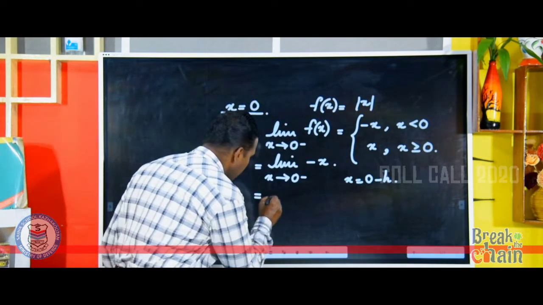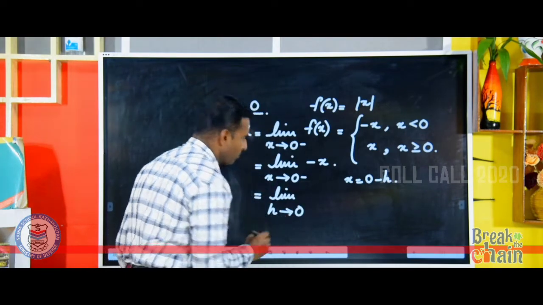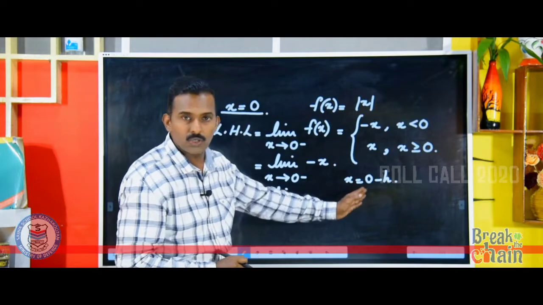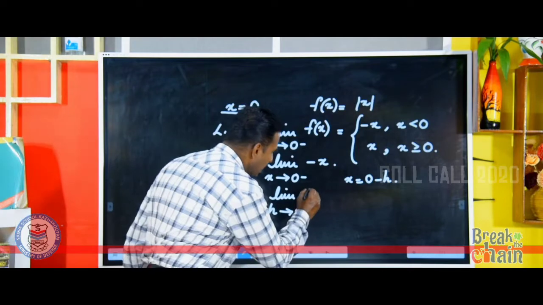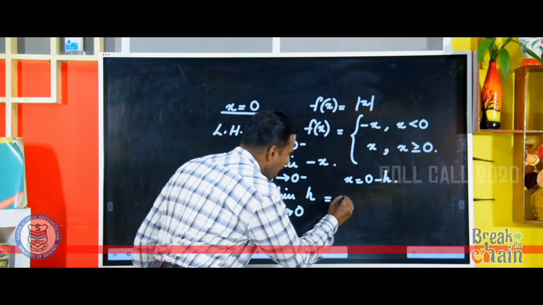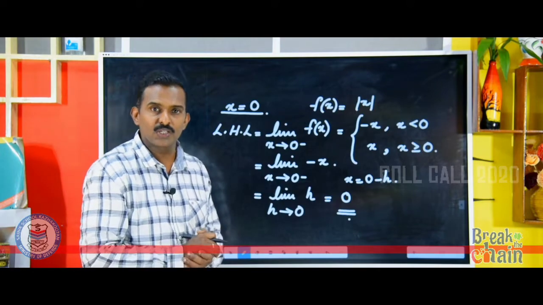Therefore it becomes limit h tends to 0, x becomes negative h, therefore it becomes h, and therefore the answer is 0. Therefore the LHL is 0.